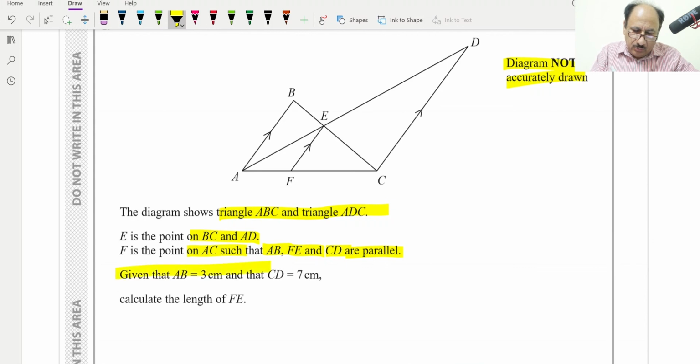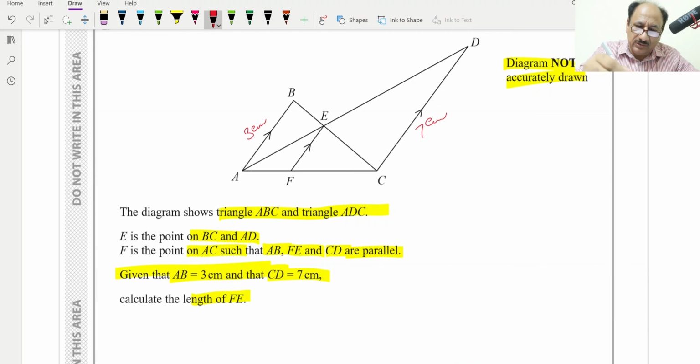Given AB is equal to 3 centimeters and CD is equal to 7 centimeters, so we can label this. This is 3 centimeters and this is 7 centimeters. This is provided. Now calculate the length of FE.